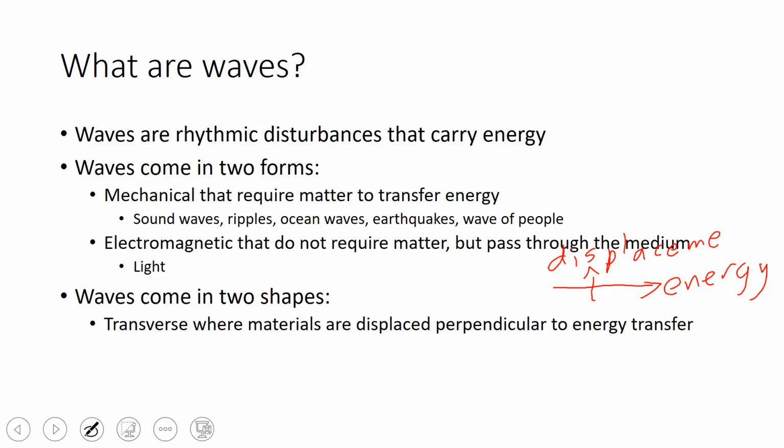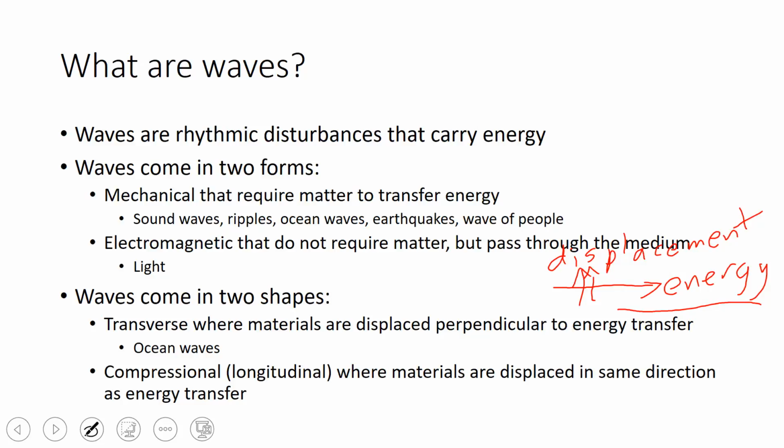These are probably the most common waves, the waves that you're most familiar with, and we'll talk about some of these. But ocean waves are a great example of this. So if here's your ocean wave moving this way, so energy is carried this way towards the shore, what you see as that wave is the displacement of water upward. That's a great example of a transverse wave.